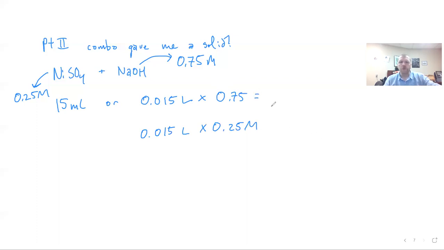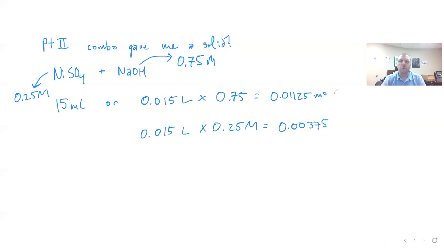Okay. Whenever you do that, you'll come up with 0.015 times 0.75, 0.01125. Then you will also do 0.015 times 0.25, which will give you 0.00375.